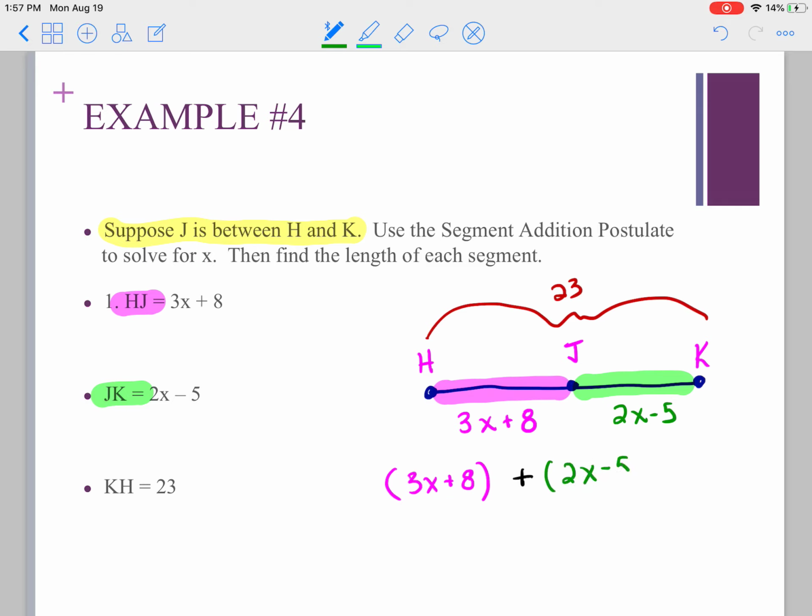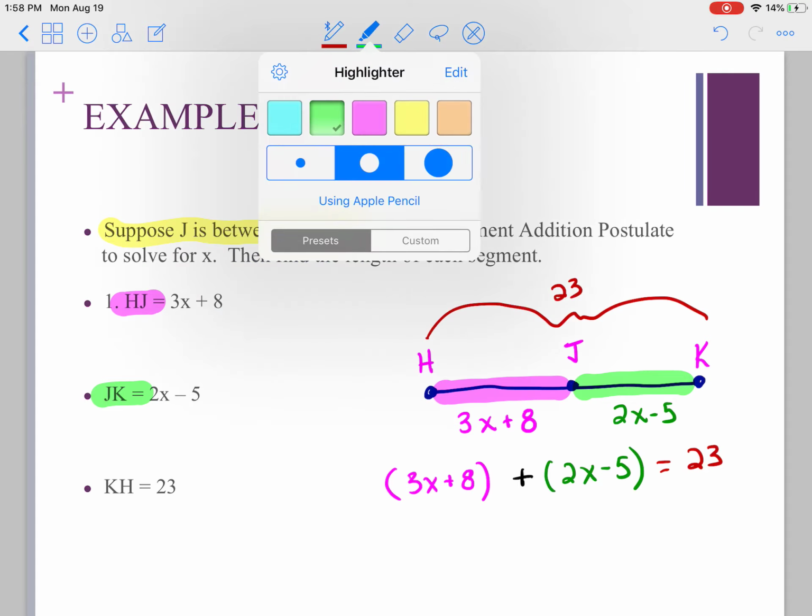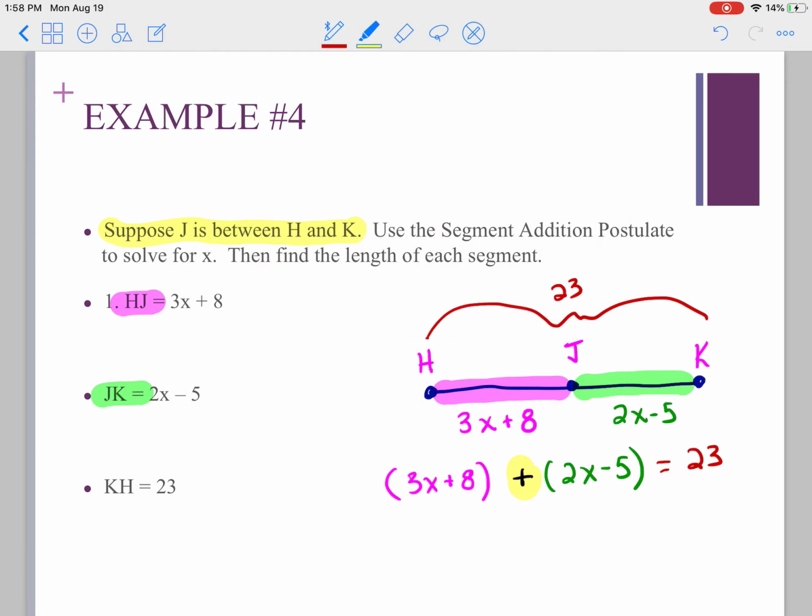I'm going to put them in parentheses because they are expressions, and those are going to equal the total of 23. Now, because this is a plus, I can drop the parentheses. Actually, I could drop all the parentheses.